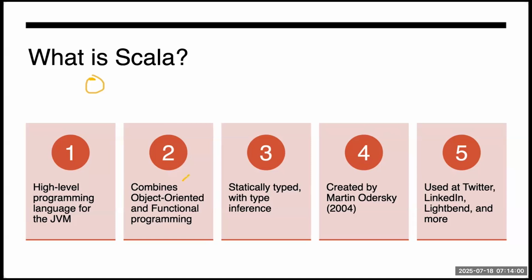It combines both. Before Java 8, Java was purely object oriented, the OOPs concept we were talking about. With Java 8, it also started supporting functional programming features.